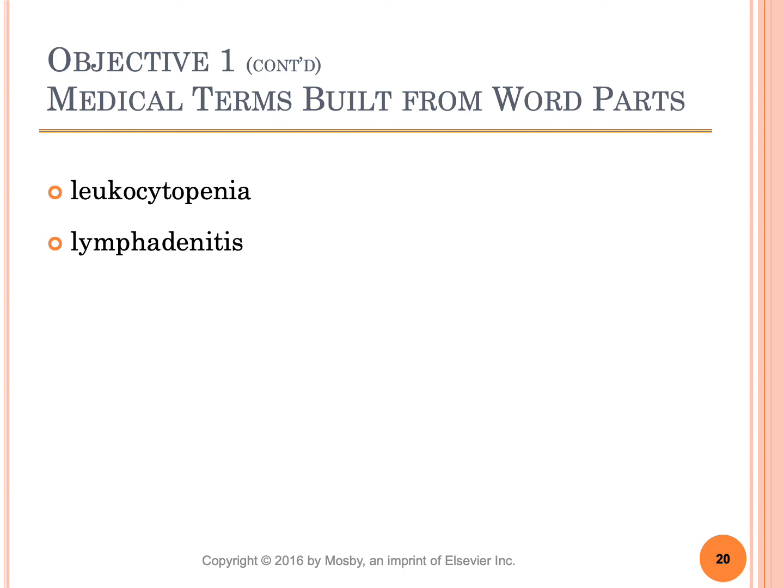Now, what about lymphadenitis? Lymphadenitis, you remember what itis means? Itis means the inflammation of something, right? So here we have inflammation of the lymph nodes. Those little guys that do the filtering, right? That could be a sign that there's some sort of infection going on, or an increased immune response in the body.